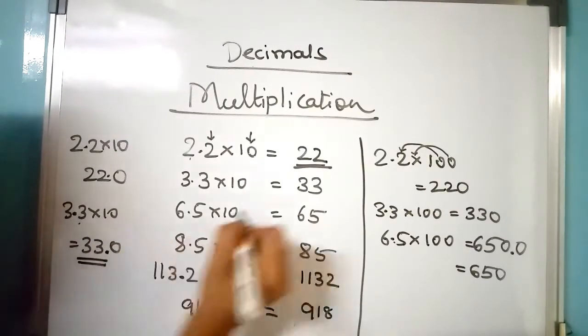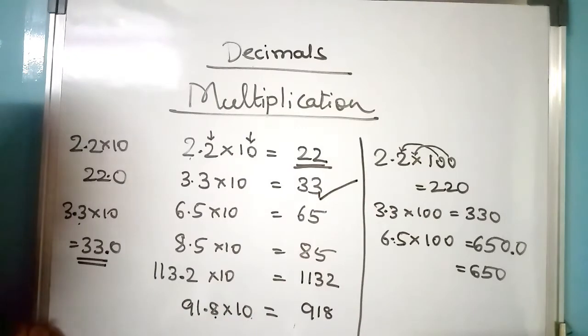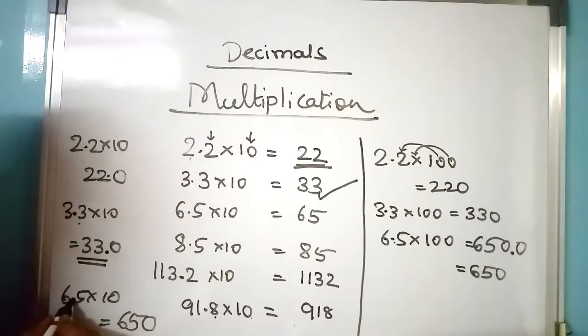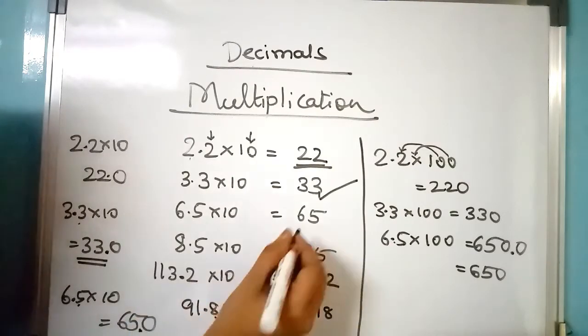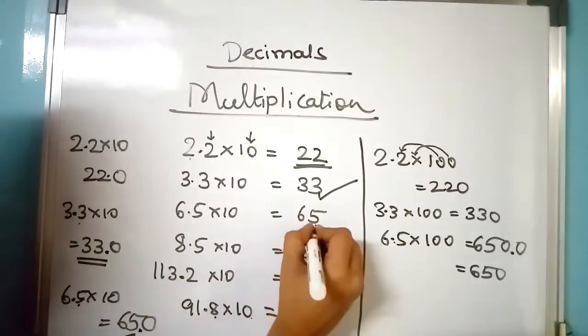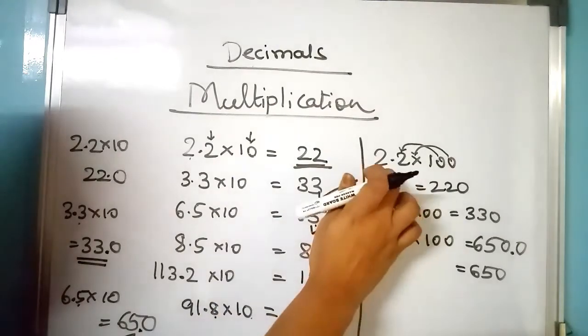So we write 33. Okay, similarly 6.5 into 10 is equal to 650, but after decimal one place, so we will count that many places to the left and give the decimal here, and so we don't write 0, the answer comes 65. Okay, same property we are using here.